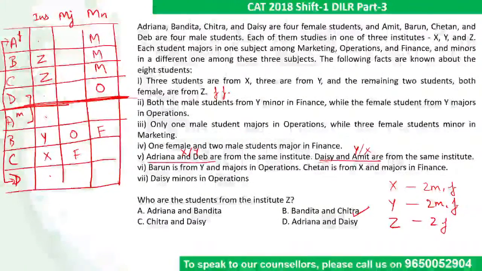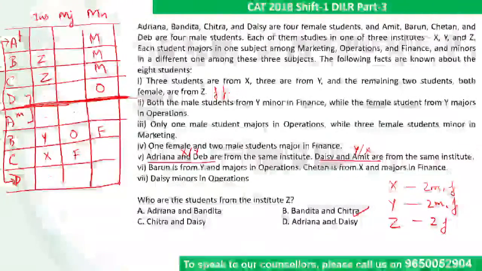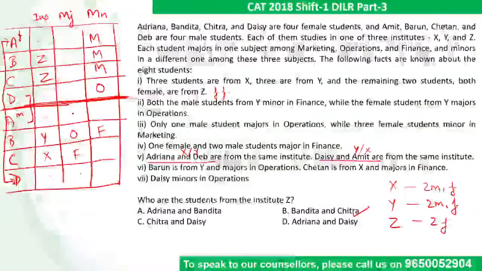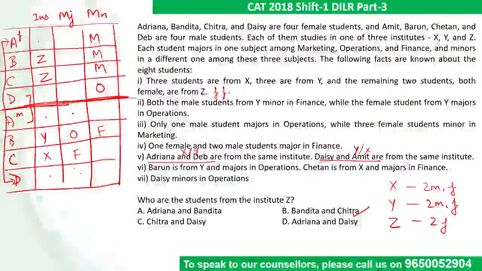We can fill: Varun is from Y and majors in operations, Chetan in finance. Only one male student majors in operations, so these two cannot major in operations. From Y, minor in finance. So one is this, and there will be another one.